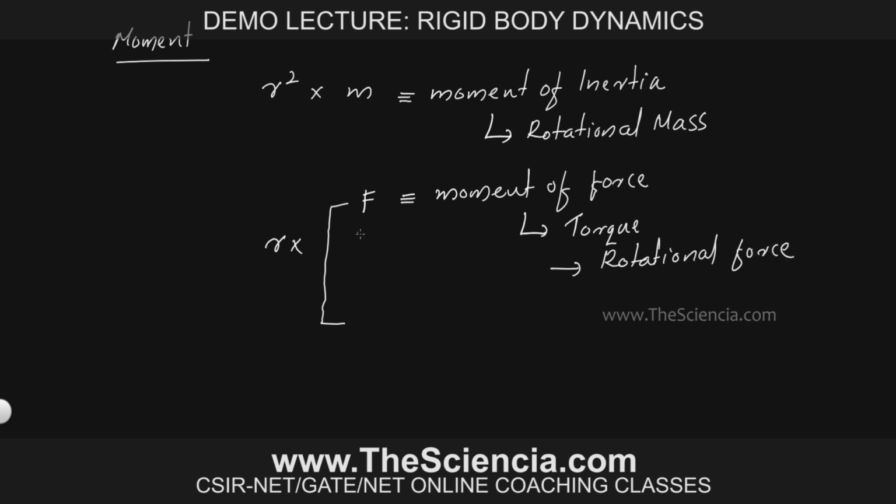Now I am multiplying this r with p, momentum. Then I call this moment of momentum, or it is also called angular momentum.